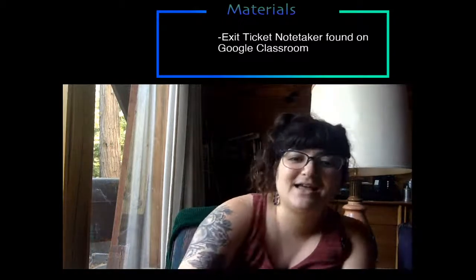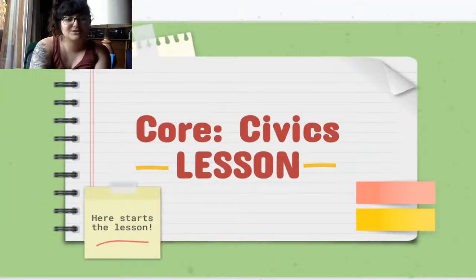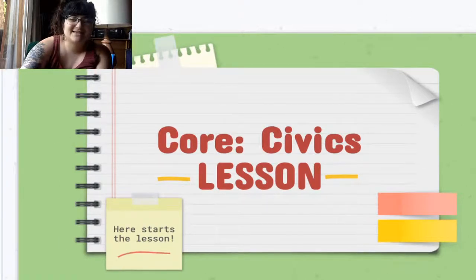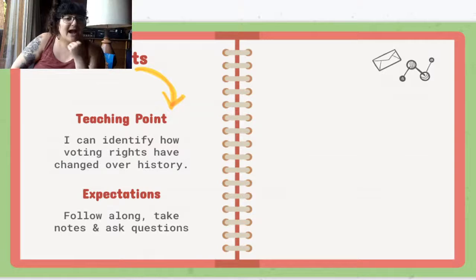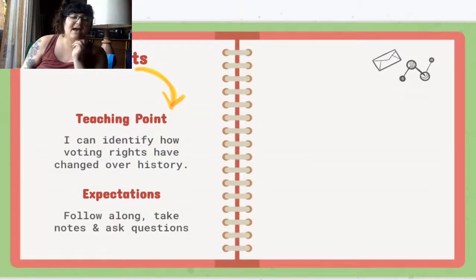Okay, let's get started. We are about to embark on our civics lesson. I want to remind us of our teaching point. Say it with me: I can identify how voting rights have changed over history.